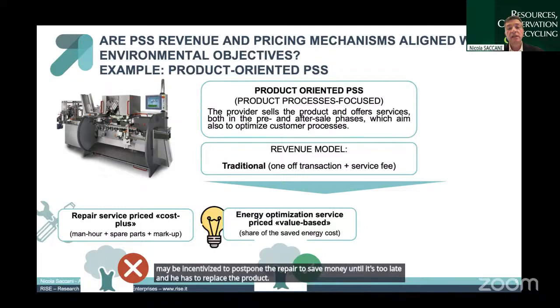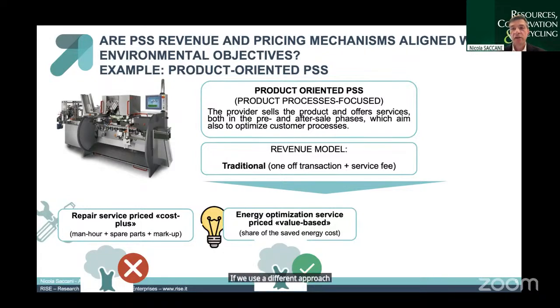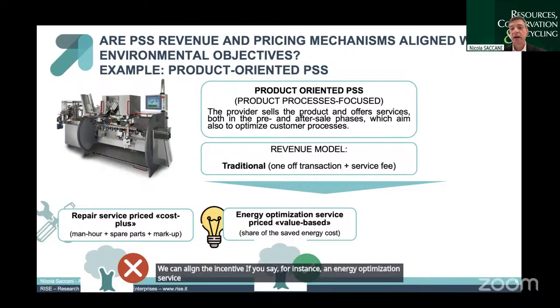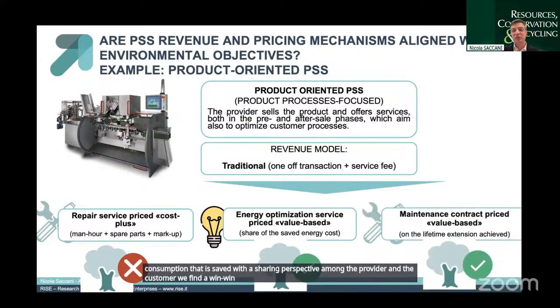If we use a different approach, for instance, a value-based approach, we can align the incentives. If we sell, for instance, an energy optimization service, which is priced based on the amount of energy cost, so energy consumption, that is saved, with a sharing perspective among the provider and the customer, we find a win-win situation.